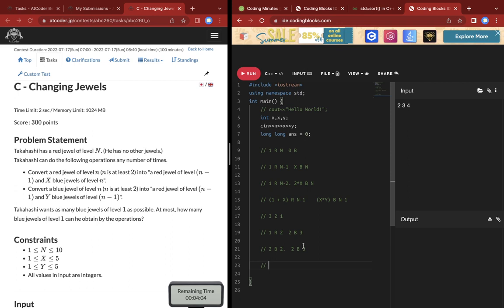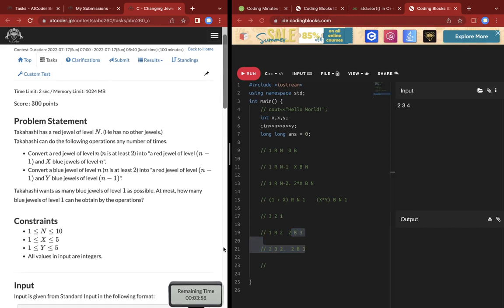So if we either choose what we want to do, we would just get the same answer, I think. Right or wrong? I don't really know.